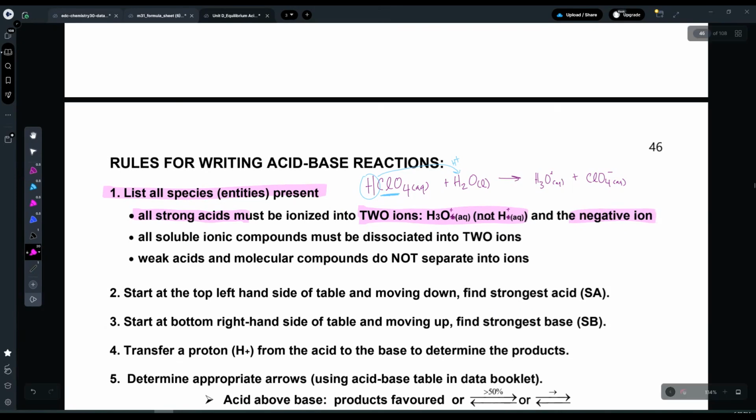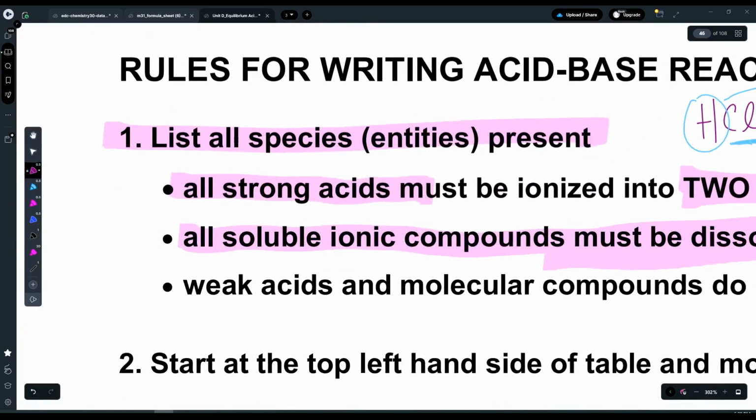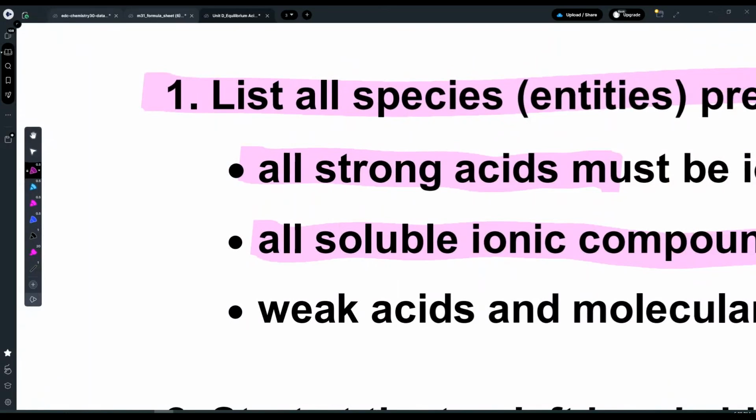Now, all soluble ionic compounds must be dissociated into two ions. How you can tell if an ionic compound is soluble is you can look at the solubility table on page 6 of your data booklet.